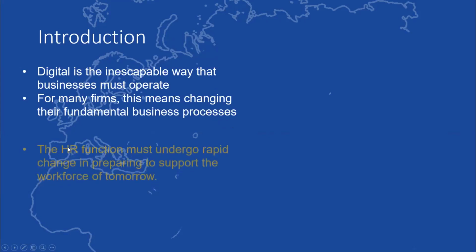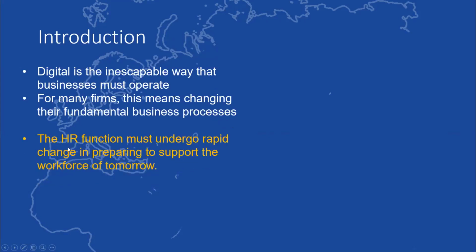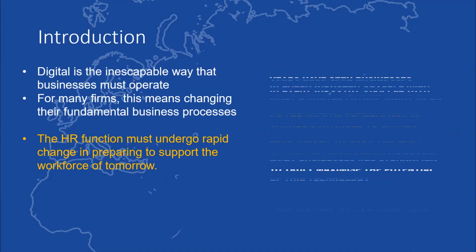So the HR function also has to undergo a rapid change to make sure that rather than just supporting the business of today, they are supporting the business of tomorrow and really preparing the workforce for the agility required to operate in this new paradigm.